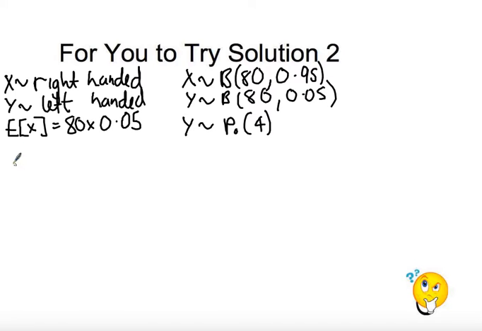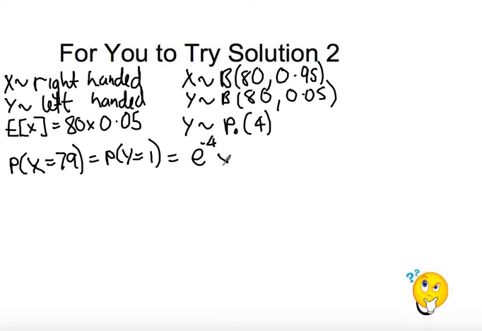So in the question, we were asked to find the probability that there were 79 right-handed people, so probability X equals 79. Reversing that distribution would be probability Y equals 1. So this would be e to the power minus 4, times 4 to the power of 1, all over 1 factorial.